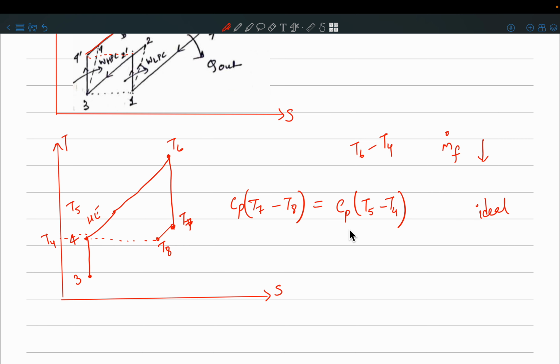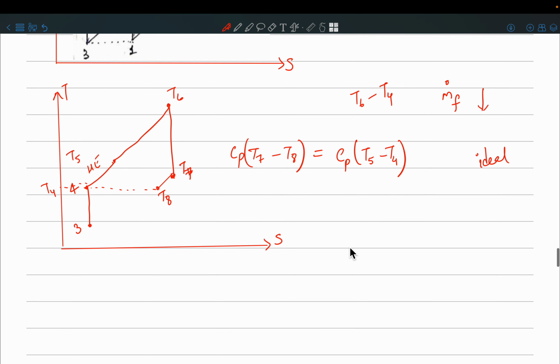Now what happens in the case where the heat exchanger is not very efficient? Then we can define an efficiency of the heat exchanger, which is the actual heat transfer divided by the maximum possible heat transfer, right? So what is the maximum heat transfer equal to?